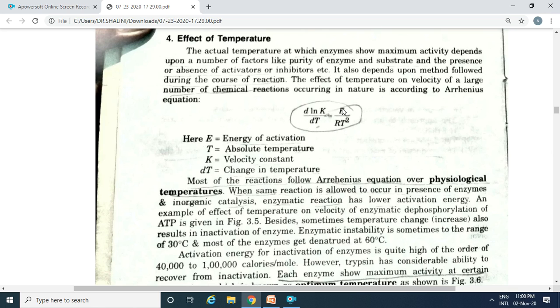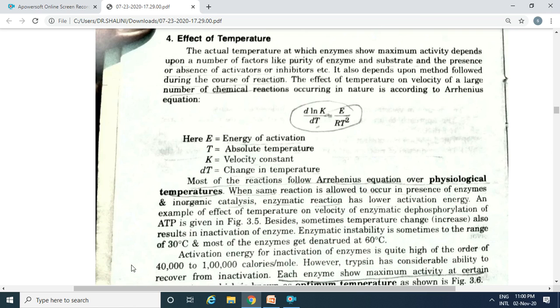where E is the energy of activation, T is the absolute temperature, k is the velocity constant, and dT is the change in temperature. Most reactions follow the Arrhenius equation over physiological temperatures. When a reaction is allowed to occur in presence of enzymes versus inorganic catalysts, the enzymatic reaction has lower activation energy.